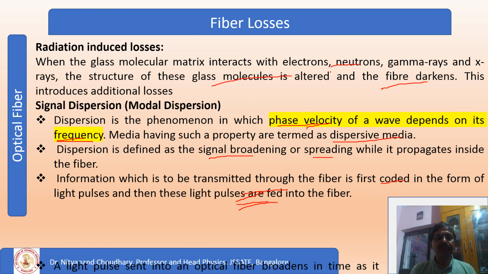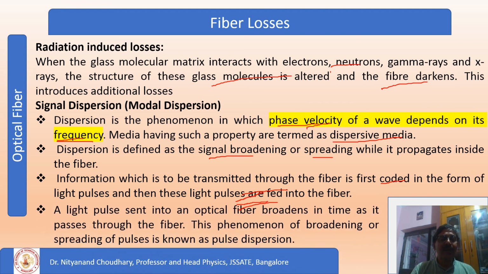All right, but then because of that, what is happening? A light pulse sent into the optical fiber broadens in time as it passes through the fiber. So as I had explained, as the light passes, it broadens, and this phenomenon of broadening or spreading of the pulse is known as pulse dispersion.